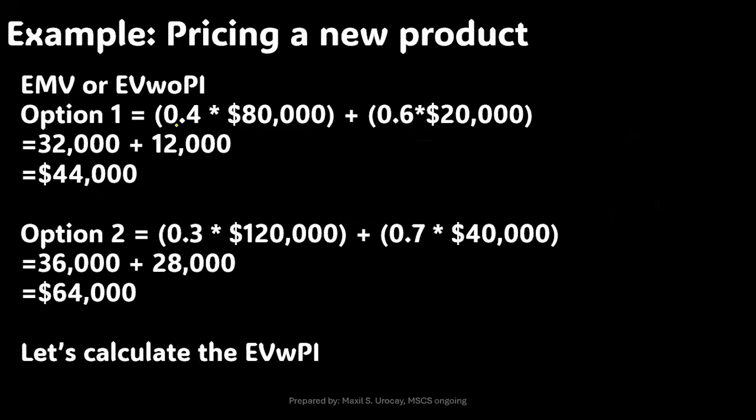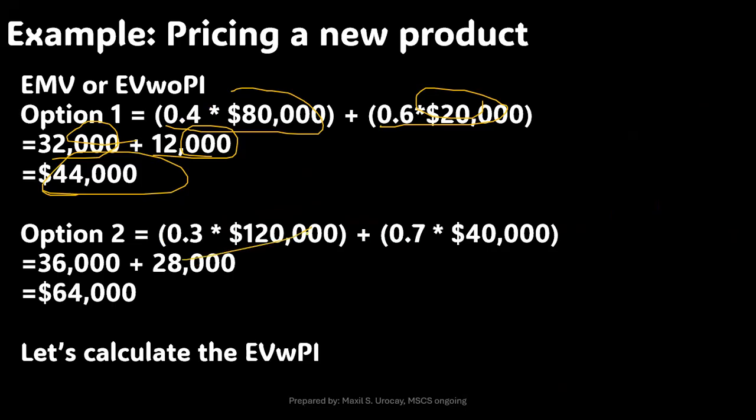So that is 0.4 times 80,000, which equates to 32,000. 0.6 times 20,000 equates to 12,000, and adding them will be 44,000. Now for option two, you will need 0.3 times 120,000, plus 0.7 times 40,000, which equates to 36,000 and 28,000.